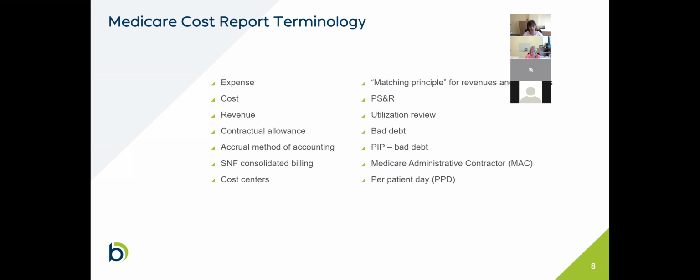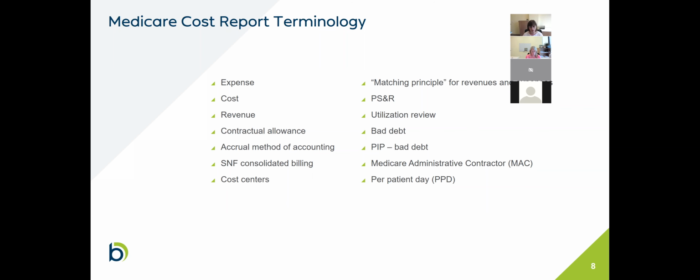And what Medicare cost report does is that it collects information about expenses in different areas and then calculates cost of you providing service or cost of services you provide or cost of support services.